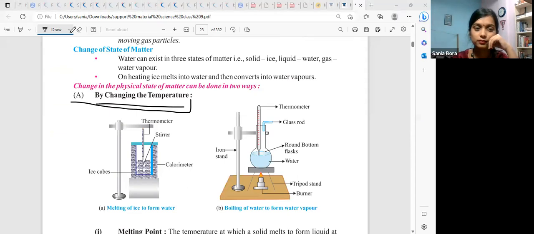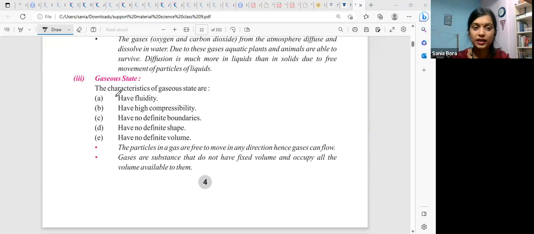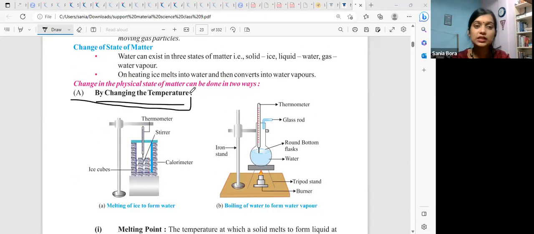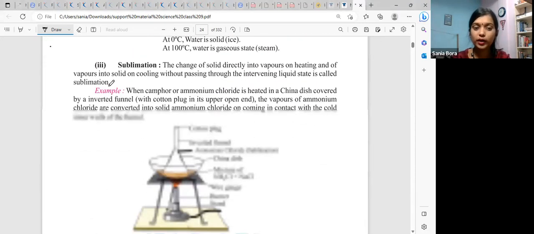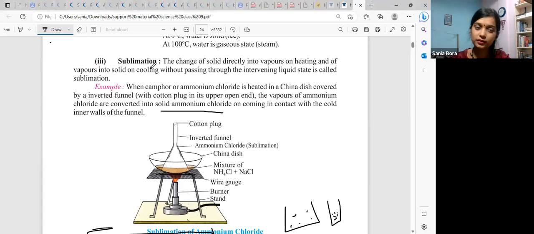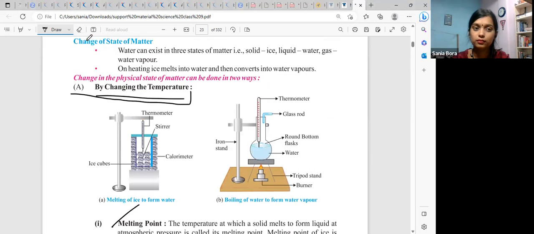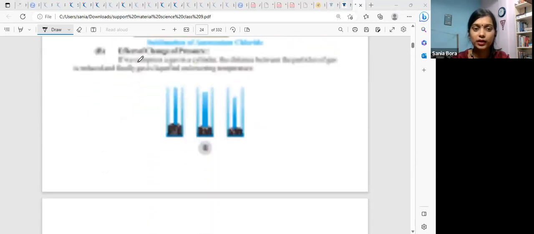After this change in physical state, the first one is change in temperature. In the change in temperature, we did melting point, boiling point, and sublimation, right? Okay. Done. Now B part, write down the heading.